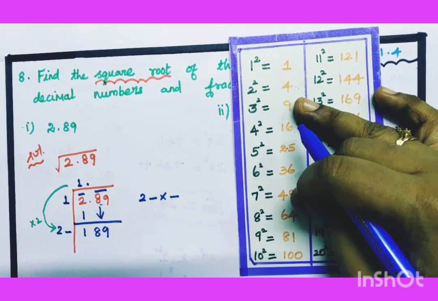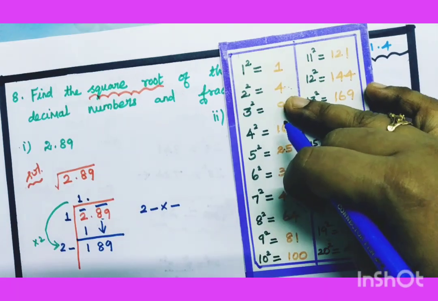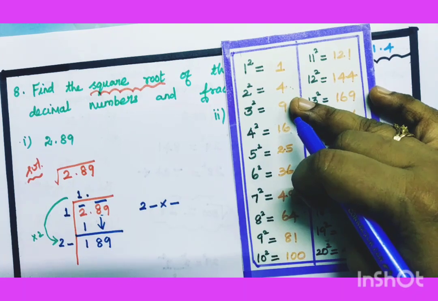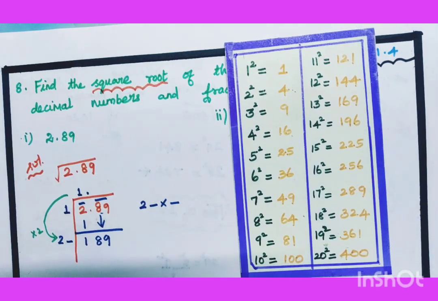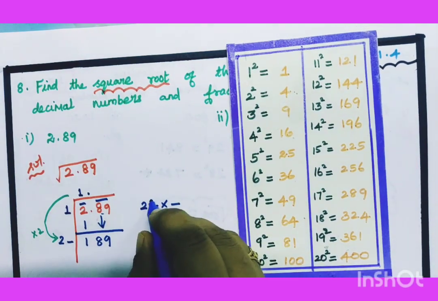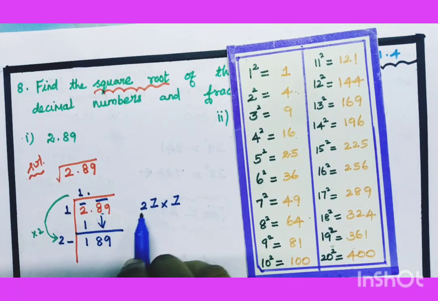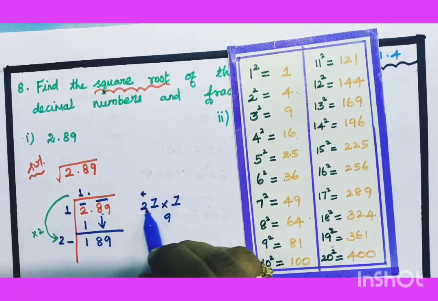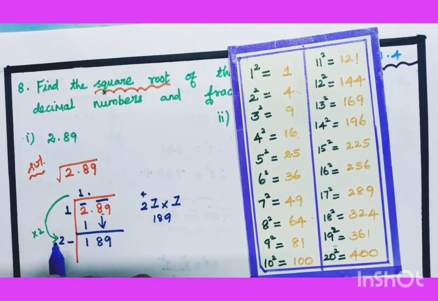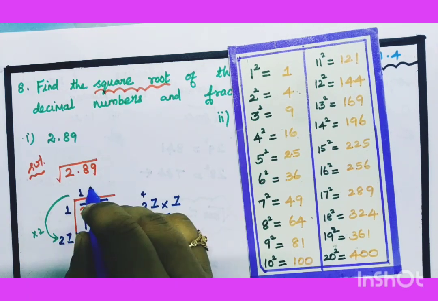But see the number 189, it is a big number, so I'm going to try with 7. 7 7s are 49, remaining 4. 2 7s are 14, 14 plus 4 is 18. Yes, I got it.